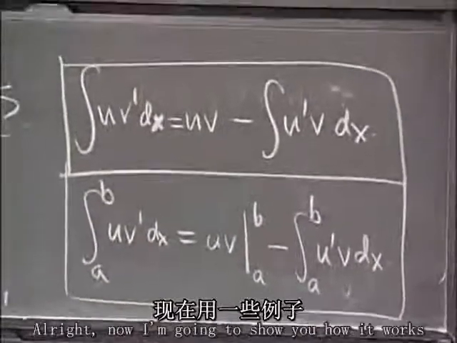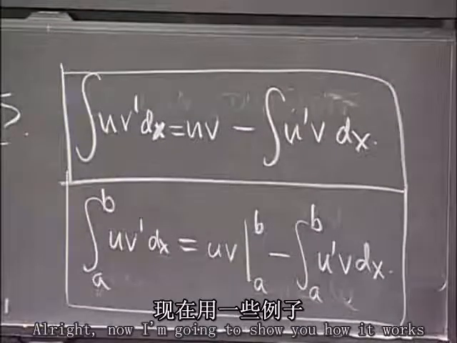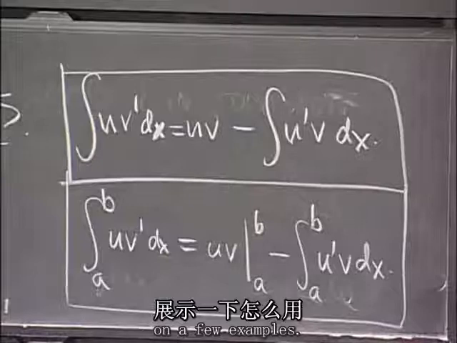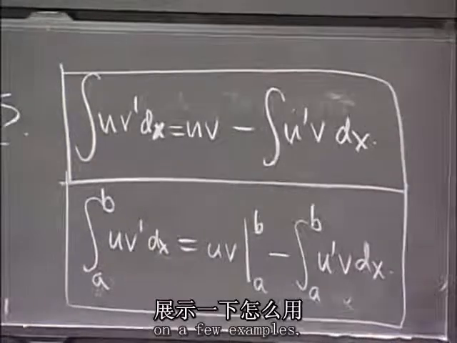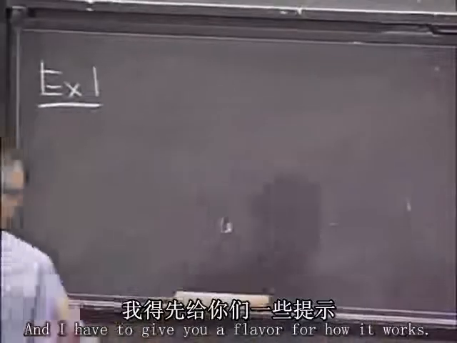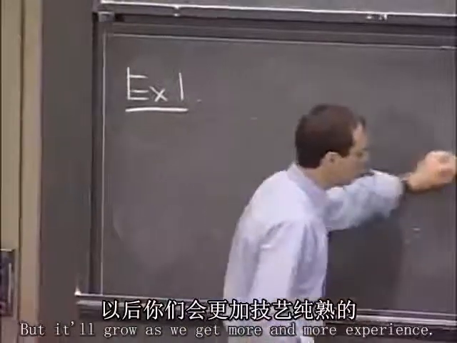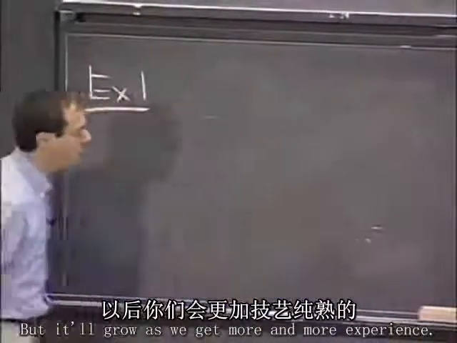All right, now I'm going to show you how it works on a few examples. I have to give you a flavor for how it works, but it'll grow as we get more and more experience.